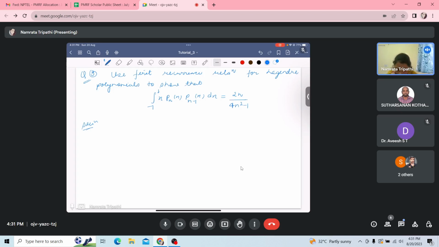Use the orthogonality relationship and first order recurrence relation, integrate from -1 to 1. You can easily get it. Tell me the orthogonality relation.